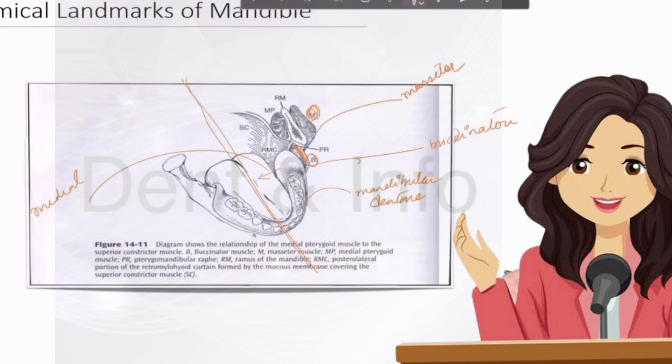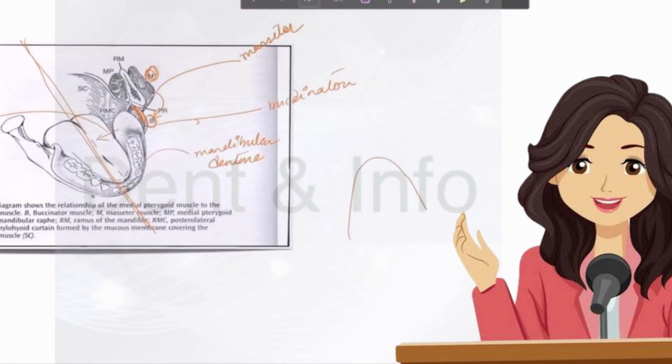So now I hope you understand that the masseter will push the buccinator here and will create that inward masseteric notch, right? First we saw our buccinator, and on the outer side we saw our masseter.